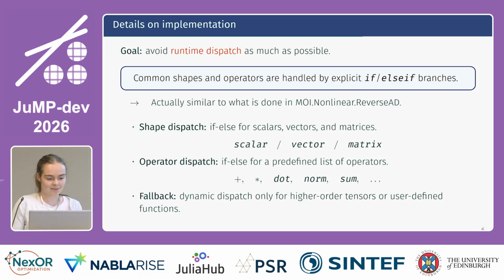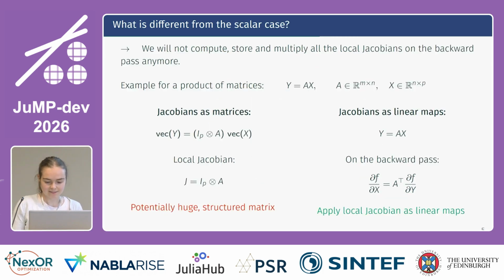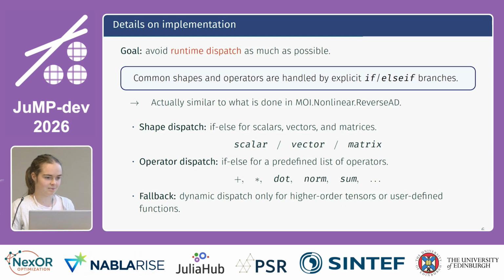Related to this, I wanted to present some details on the implementation. Since we need to apply linear maps on the backward pass, we cannot simply multiply everything together. We need to know which operator we are seeing at any instant in the backward pass to know which linear map we should apply. To avoid runtime dispatch, we implemented if and else if branches for different shapes, so anytime you have scalars, vectors, and matrices, and also for operators.